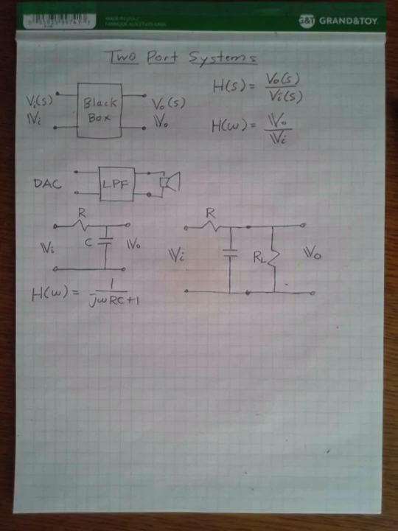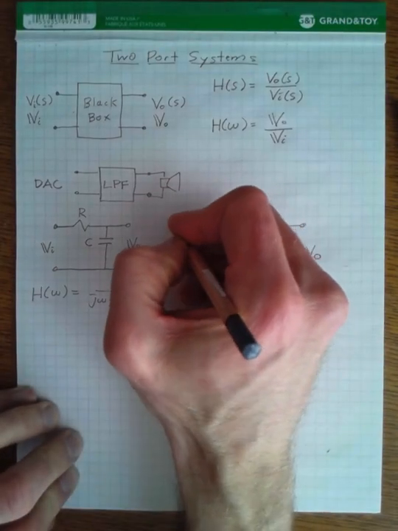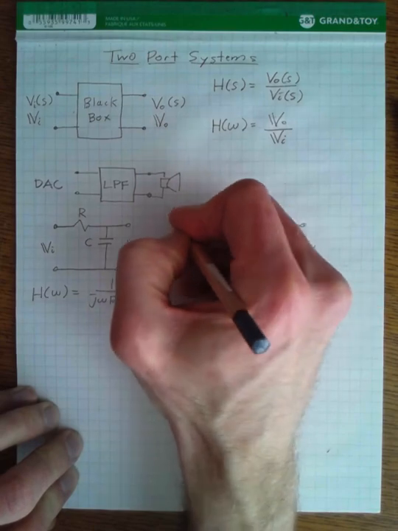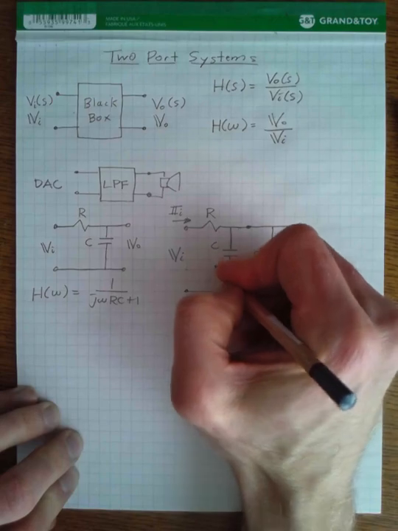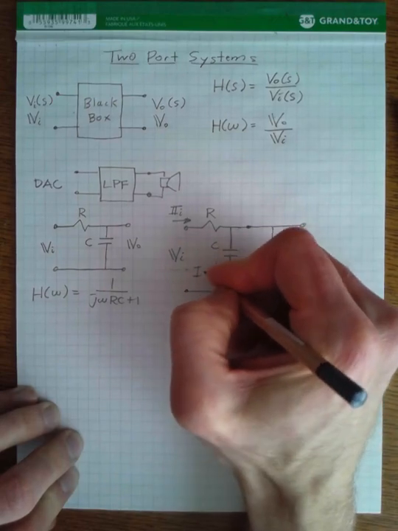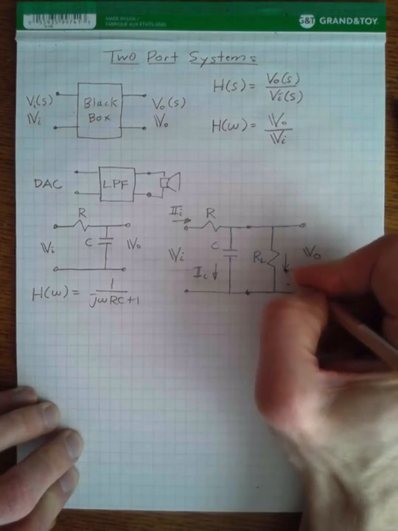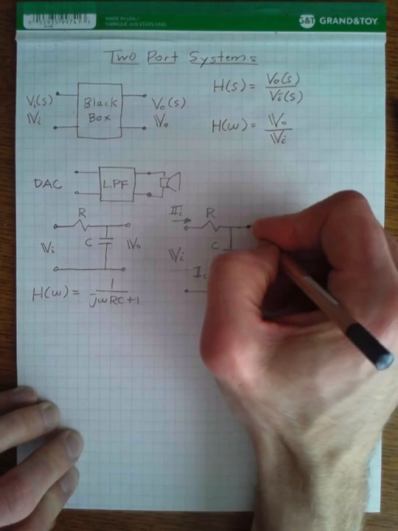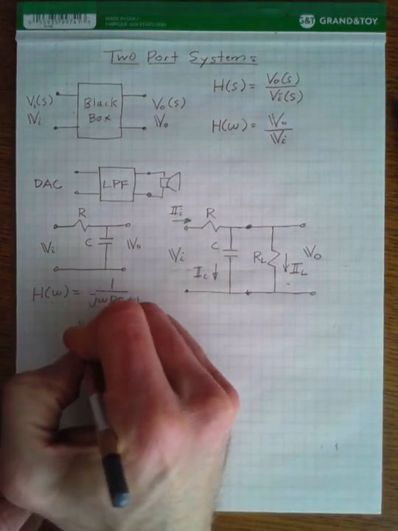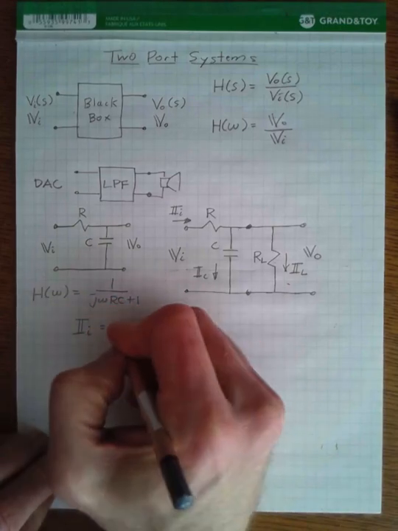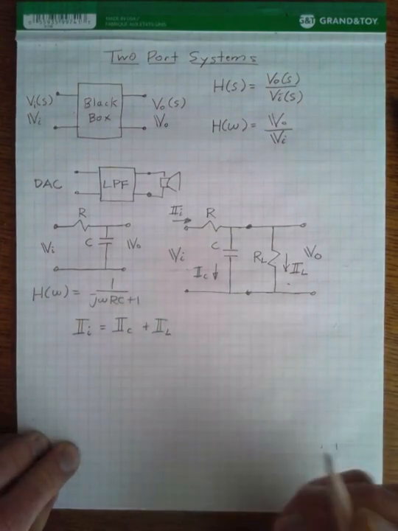Well, one way is to just do our regular old circuit analysis. So we have some input current phasor. We have some current through our capacitor, and some current through our load. And we can use Kirchhoff's current law at this node, and we can say our input current is equal to the current through the capacitor plus the current through the load.